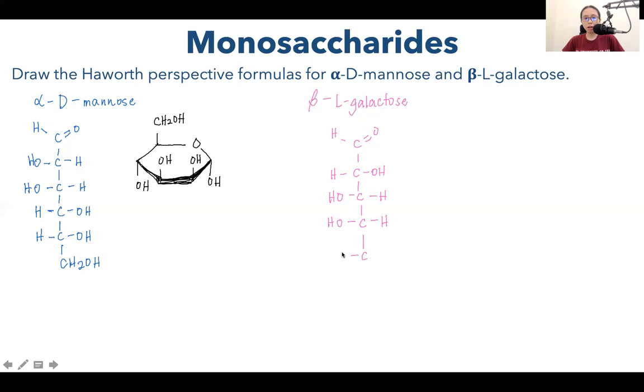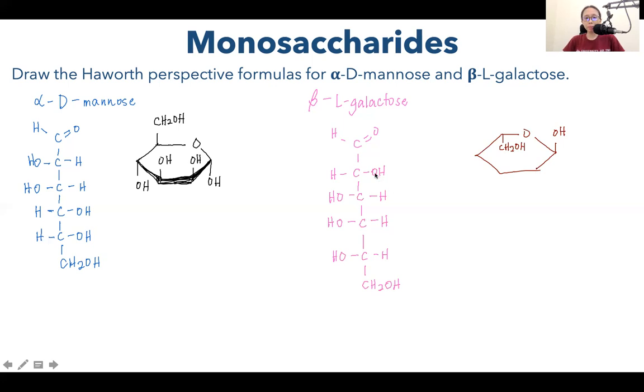Therefore, for carbon 5, the hydroxyl should be on the left side. Then let's draw the skeleton of our Haworth perspective formula. This is the beta anomer, so the OH should be pointing up. This is the L isomer, so the CH2OH, or carbon 6, should be pointing down.